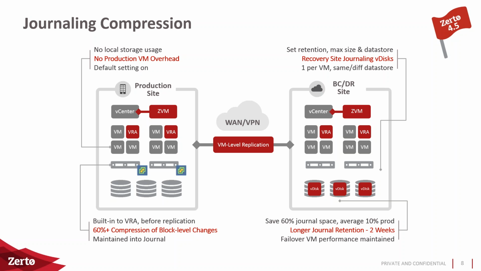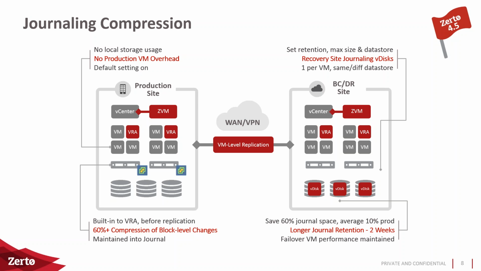So we've been able to keep the journal compressed. Essentially what that brings is about a 60% savings in the journal space overhead, to where, when you're doing your calculations for space, you can average around a 10% production overhead for the journal itself.